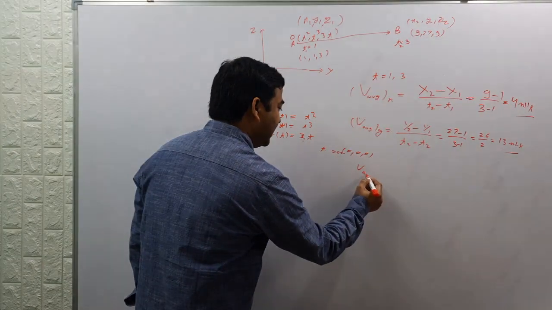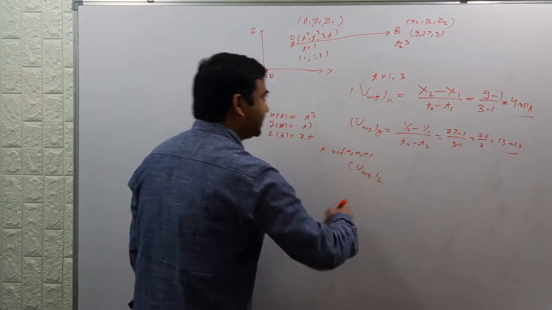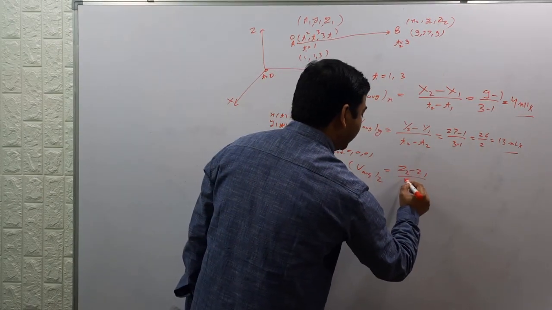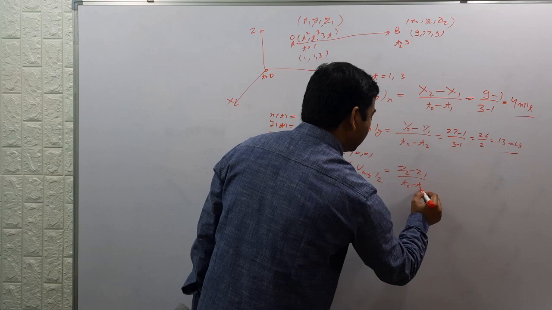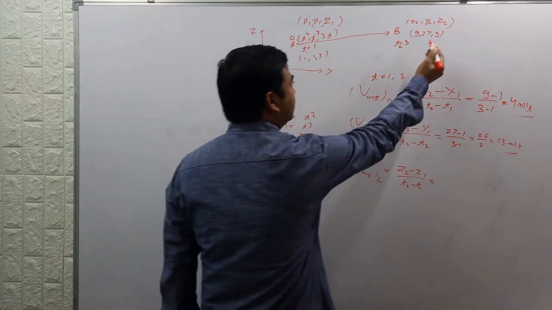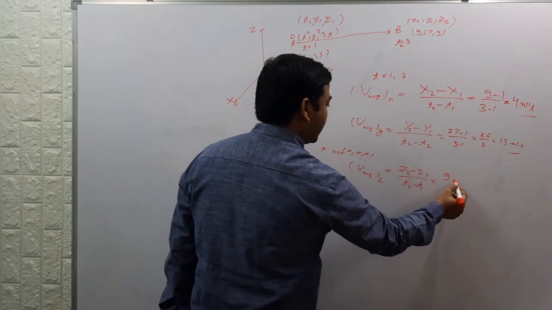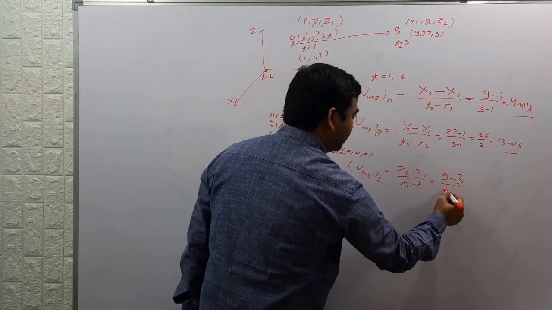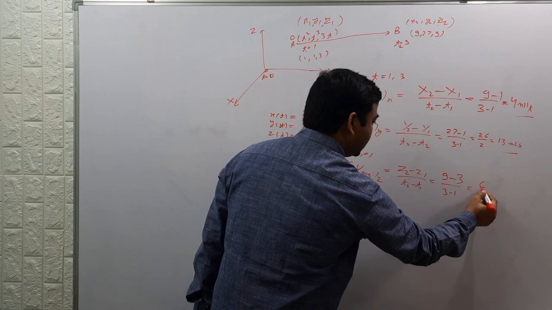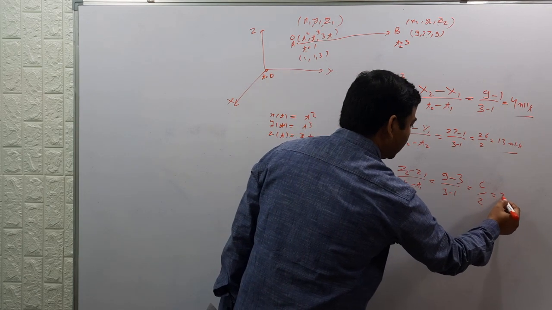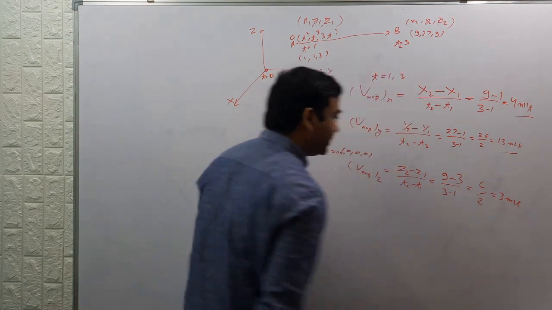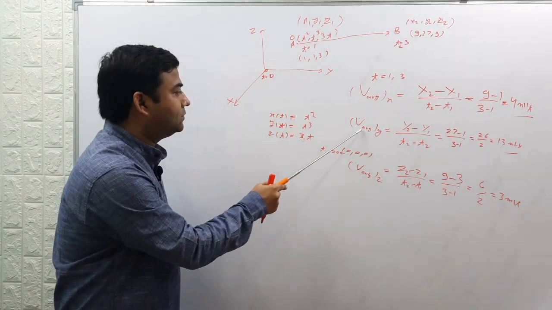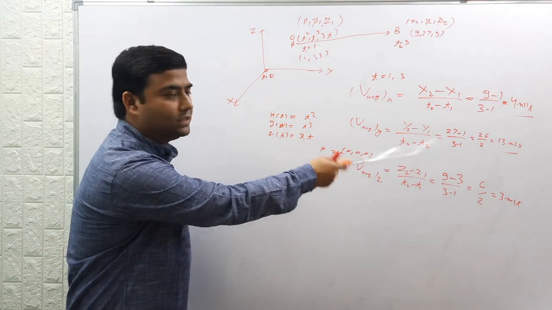Similarly, V average in z direction is (z2 minus z1) divided by (t2 minus t1). z2 is 9 minus z1 is 3, divided by 3 minus 1, and it is 6 by 2, that is 3 meter per second. So in a single Cartesian coordinate system, we define average velocities with this.